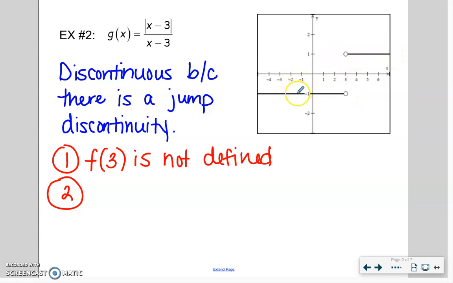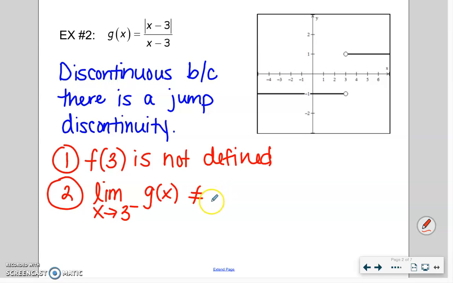Well, we could tie it into calculus by saying that the limit as we approach 3 from the left side is not the same as the limit as we approach 3 from the right. And if our limits are not equal, that means your graph is not meeting up at the same location. So we're going to say that the limit as x approaches 3 from the left of, oh, it's not f(x), it's g(x), of g(x) is not equal to the right-hand limit.